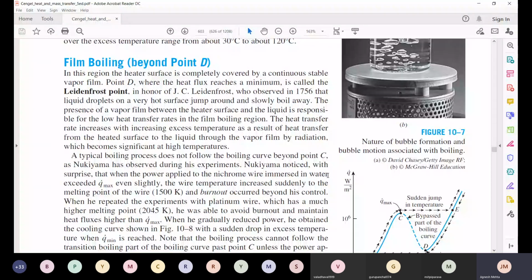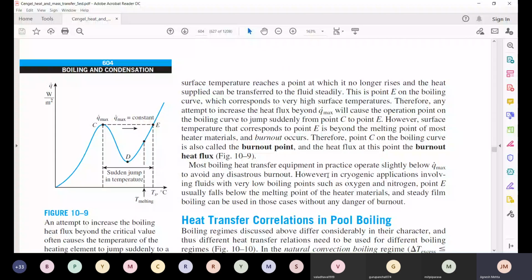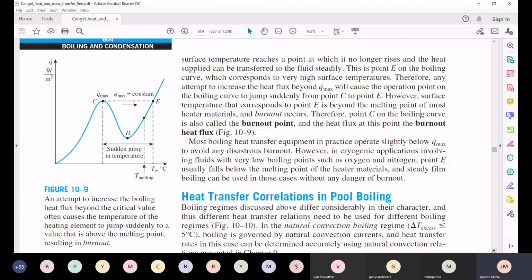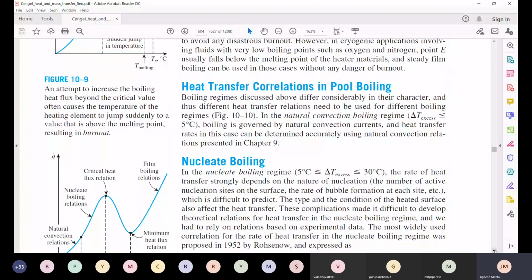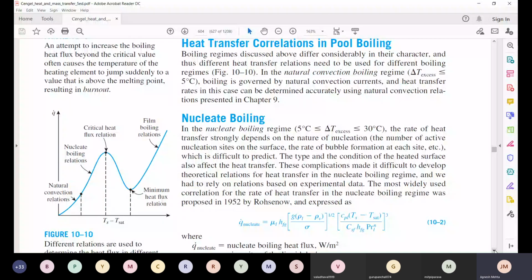Because there you get very high heat fluxes, and the chances of damage to the surface are least. So you will work in the nucleate boiling regime and also try to remain a bit away from the critical heat flux. Right? So operate at some safely lower temperature than the temperature at the critical heat flux point.